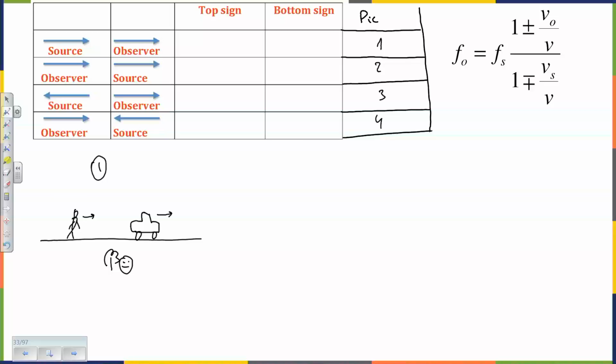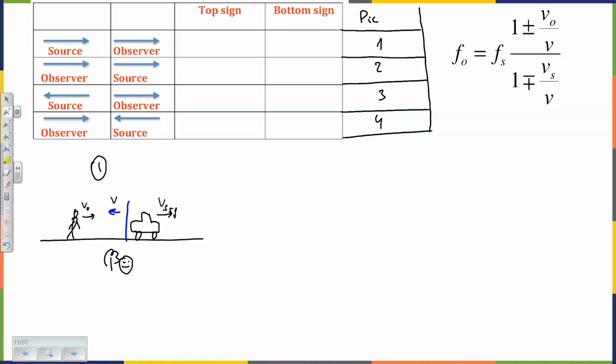Sound waves, at least one front, because we need to know how it moves relative to the ground and relative to the observer. That arrow represents the speed of the source relative to the ground. This is the speed of the sound relative to the ground. And the observer has a certain speed relative to the ground.